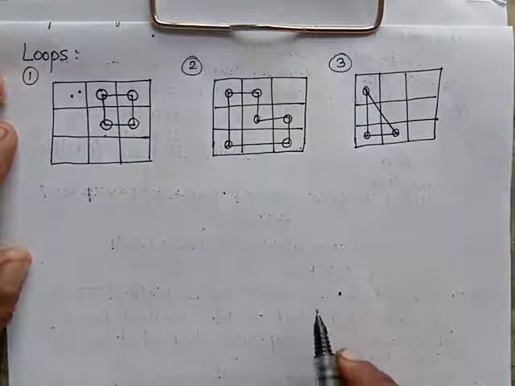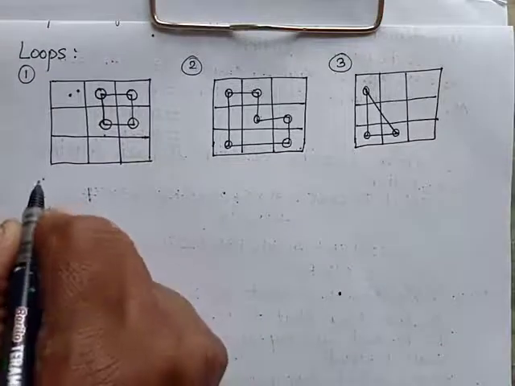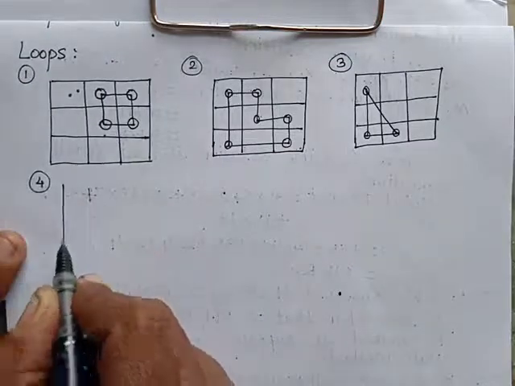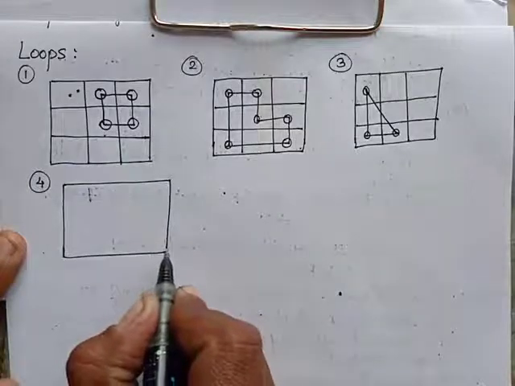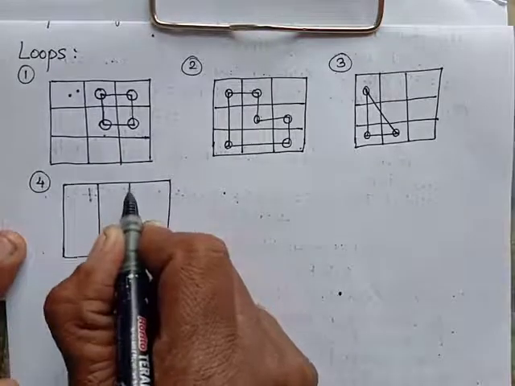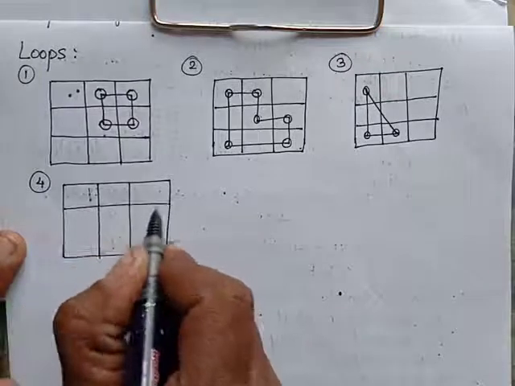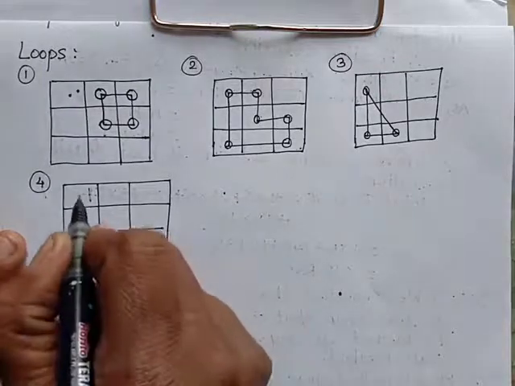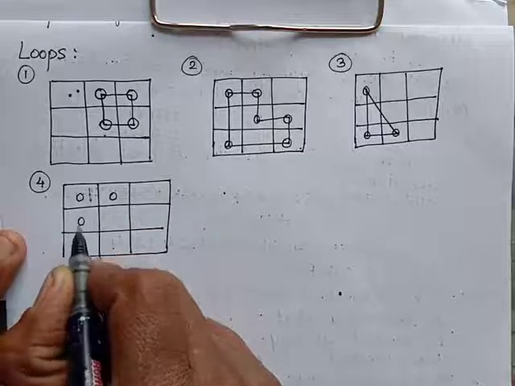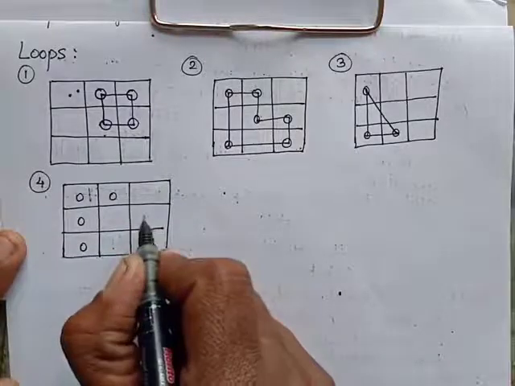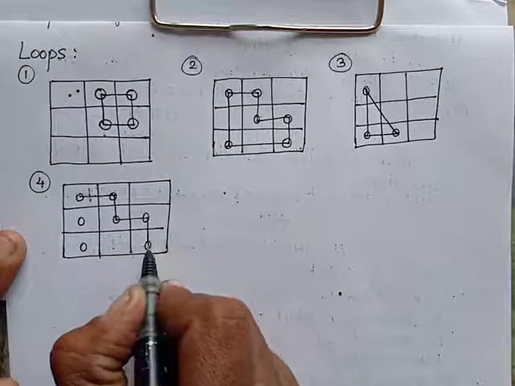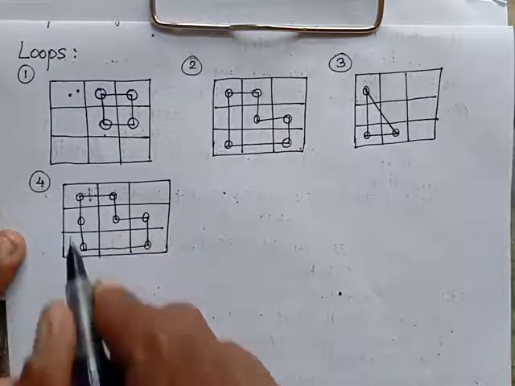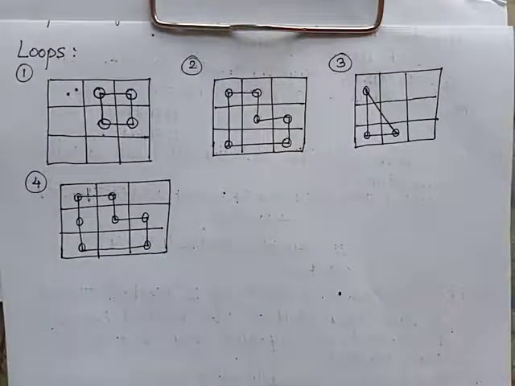If they are joined as such, then next, suppose the allocations are as such. Now if somebody joins this one as such, then after this, look at it carefully.